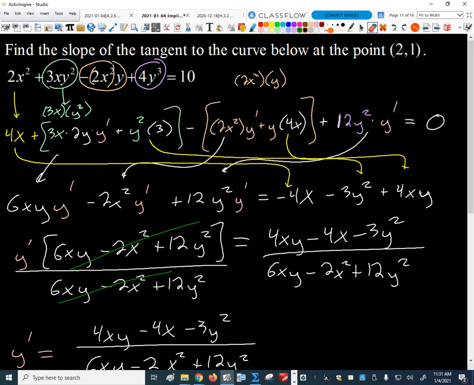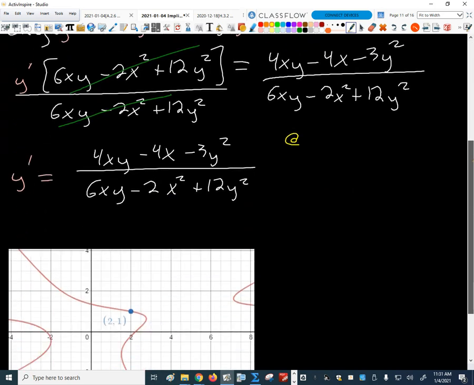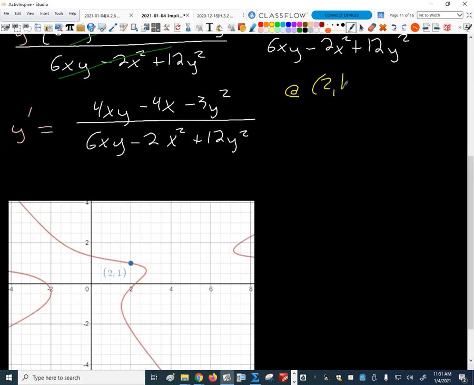We want to evaluate this when x is 2 and y is 1. That's easy. Just plug in 2 for x and 1 for y, and we get a number, right? So at 2, 1, y prime just equals, let's just figure what these are out term by term.